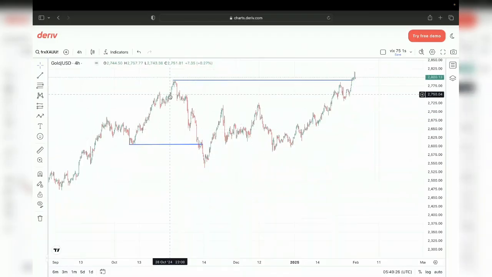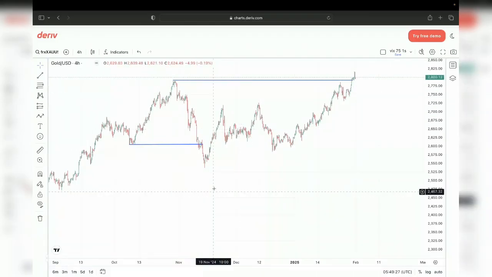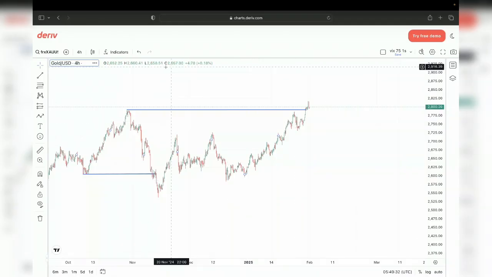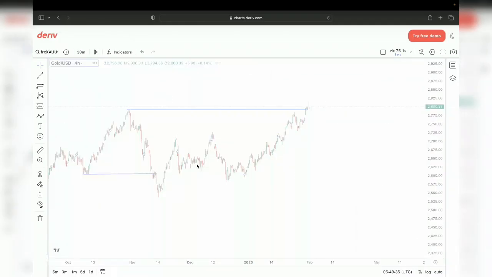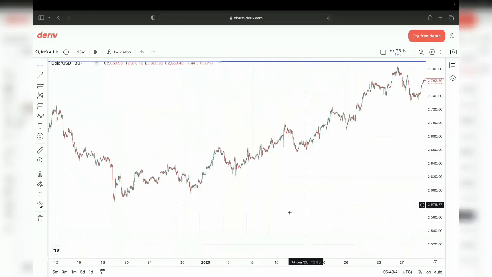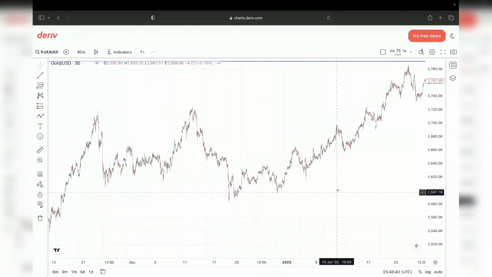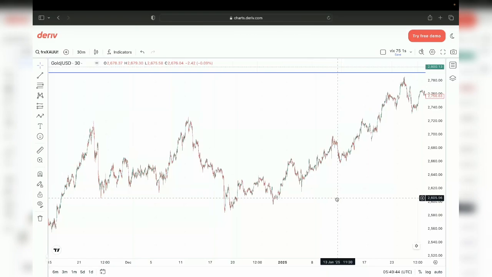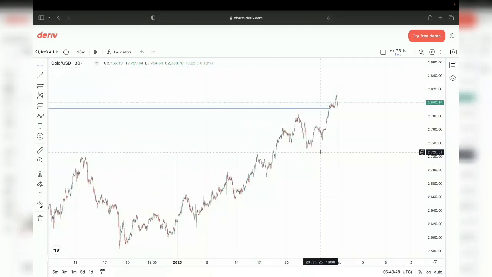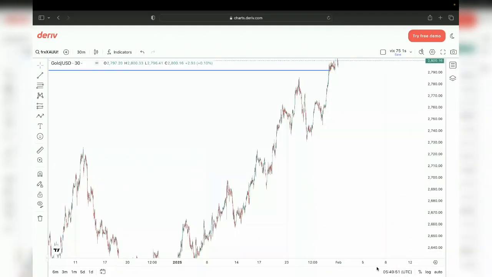So for this low to take out this high, this low is a strong low. That's number one. And then the buy had just begun. The whole buy movement just started. We should be seeing good buys on this gold.